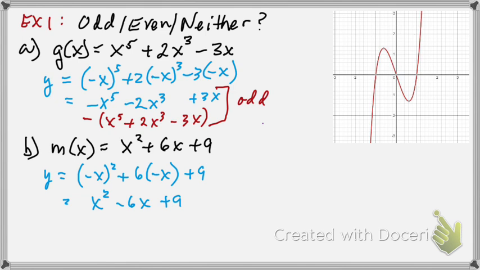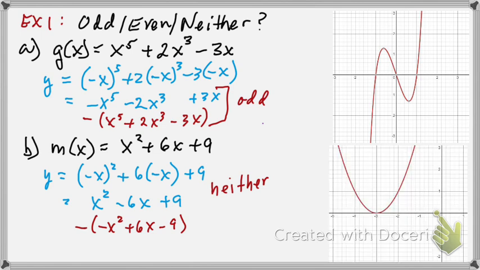If I pull the negative sign out of all of that, is the red one the opposite of the original? No, it's not. That's not an even one, it's not an odd one.